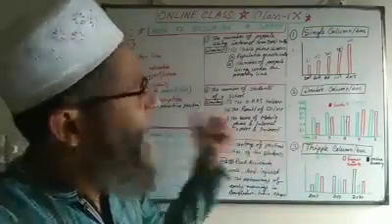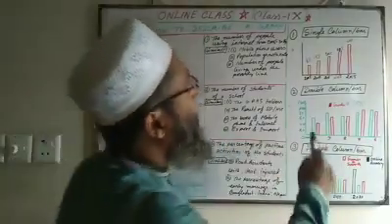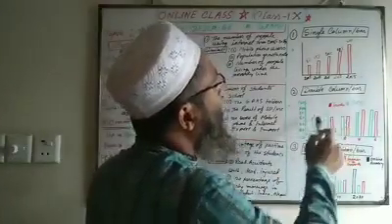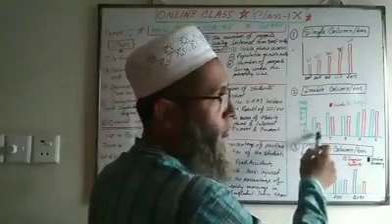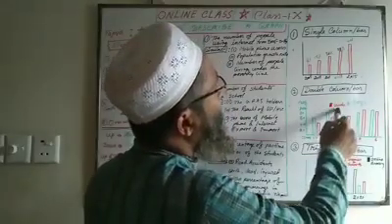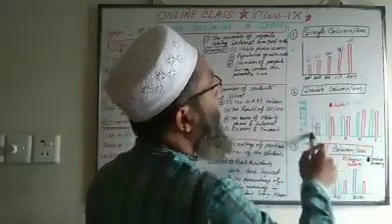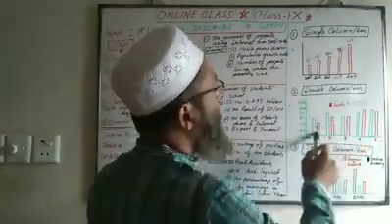However, I mentioned earlier that in this graph, two types of column are mentioned here, and the red color column indicates girls, and the green color indicates the boys students.